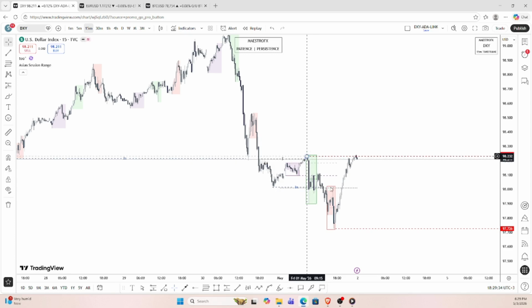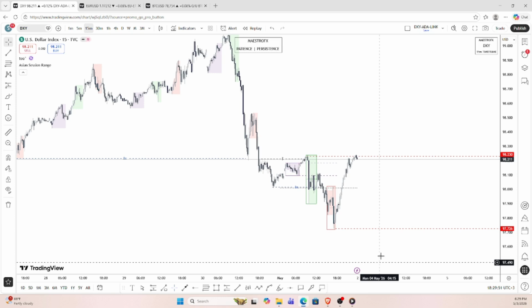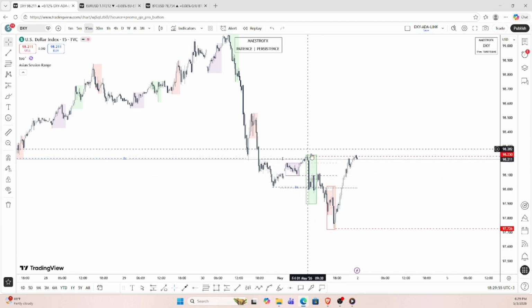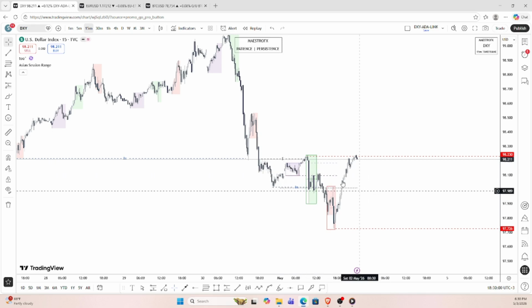Yes, the price melted to the downside immediately after it took this liquidity. But we can see that if this market needs to continue to the downside, this high needs to hold, because this should be a strong high since it has taken liquidity here, but we can see that this high is being violated.